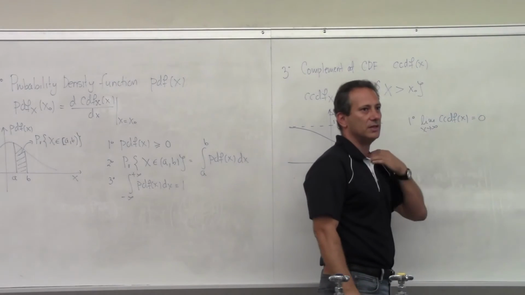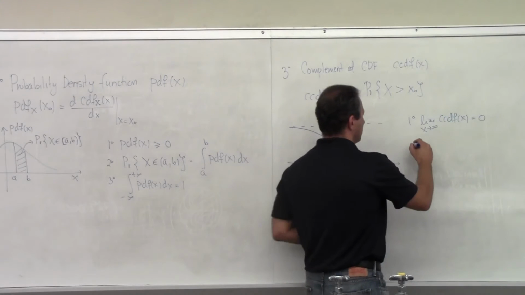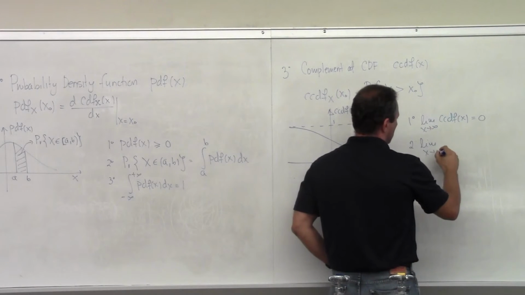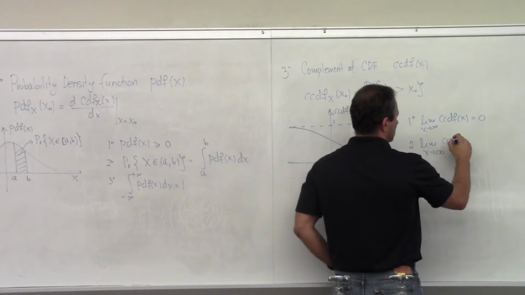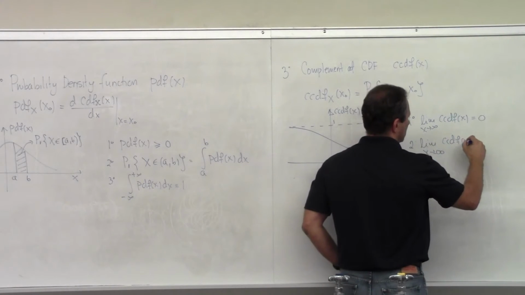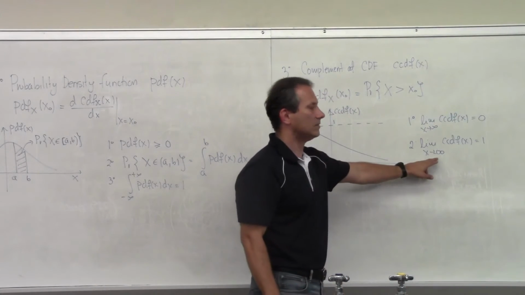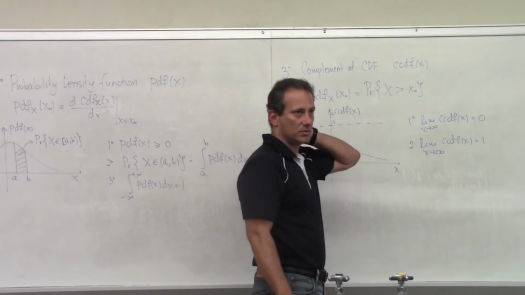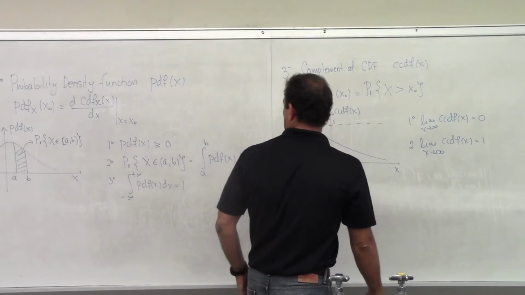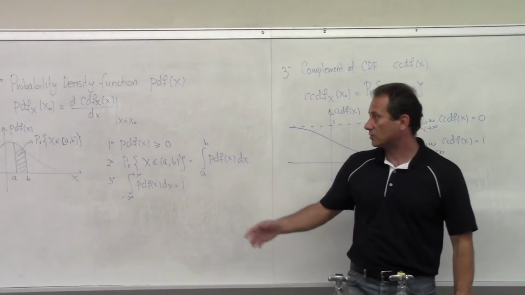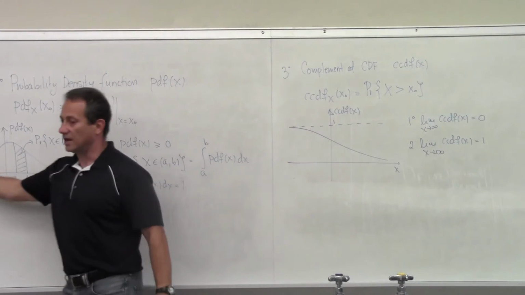The probability that you're going to exceed infinity is equal to 0. The limit when x goes to minus infinity of CCDF of x is equal to 1. The probability that you're going to exceed something that's infinitely small is going to be a sure event, and so on, right? The completely opposite, I guess, complement properties to these guys.